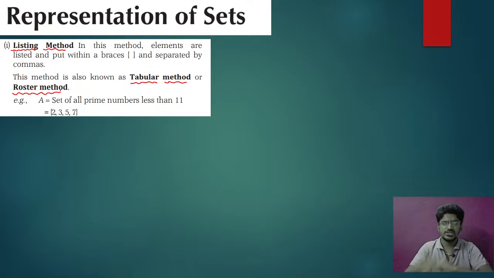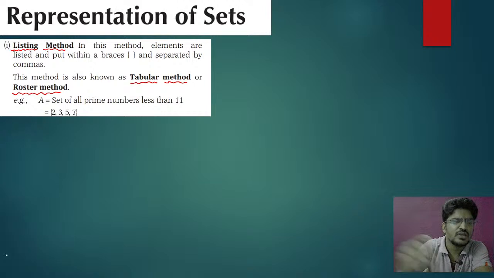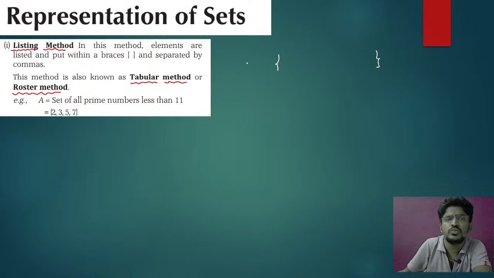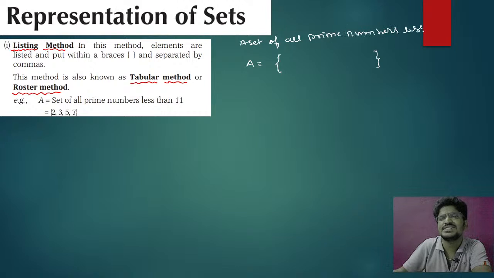So how are the elements listed one by one? Just see one example. I will list the elements in between these two brackets with A. See, how am I going to list? A set of all prime numbers less than 11.